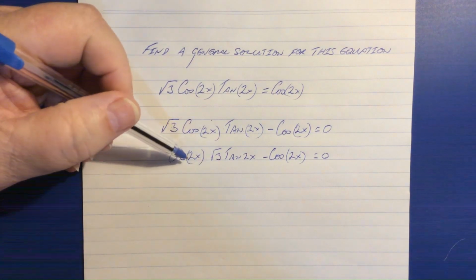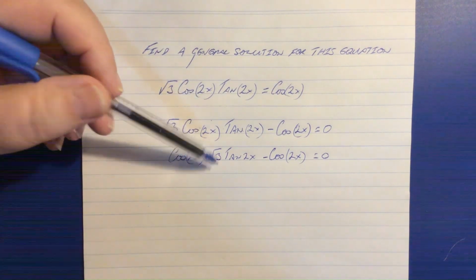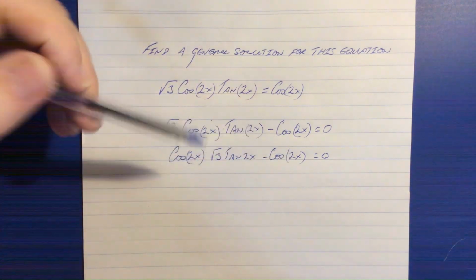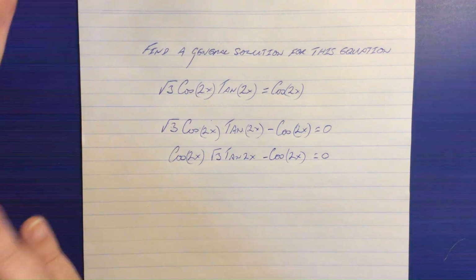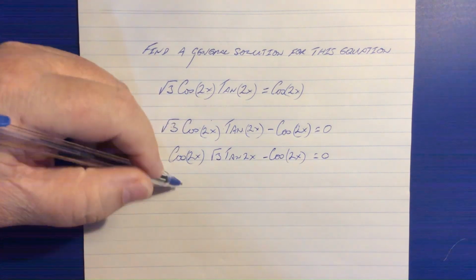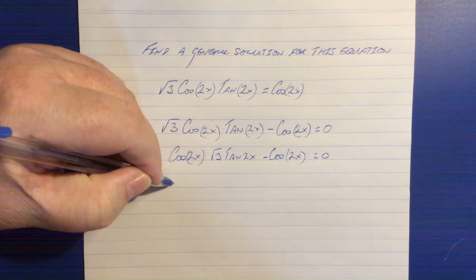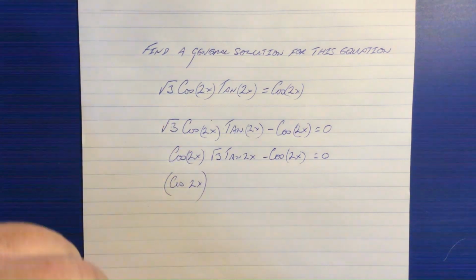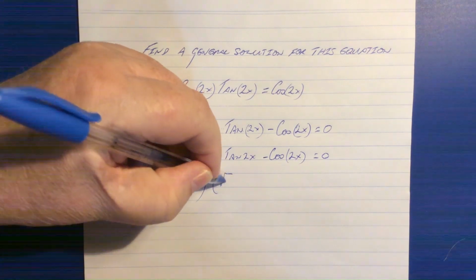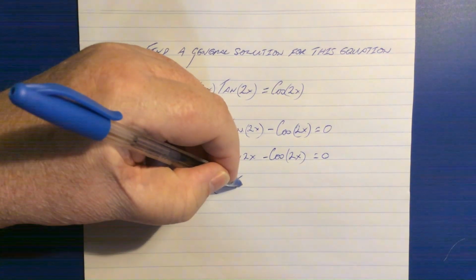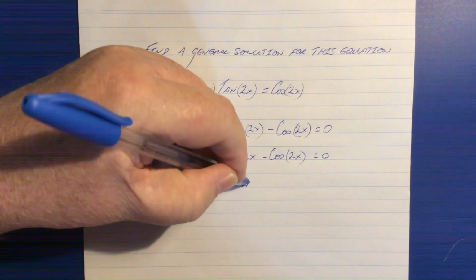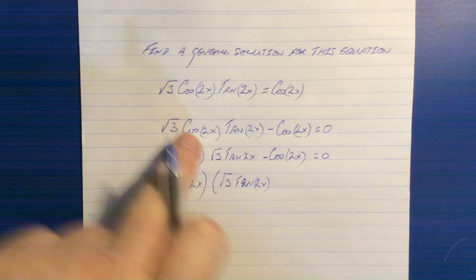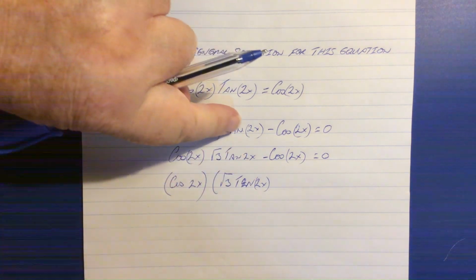Now, we have cos 2x times root 3 tan 2x minus cos 2x. How can we factorize this? Well, this is how. Cos 2x times root 3 tan 2x. Now that's going to give us that times that, or if you want to look at it this way, that times that.